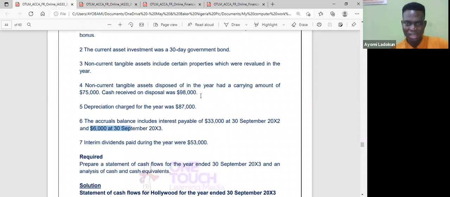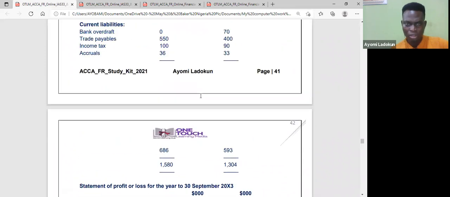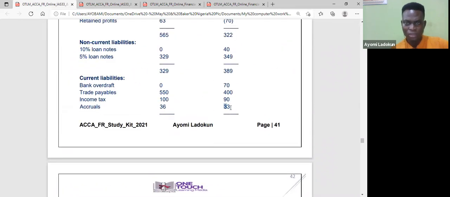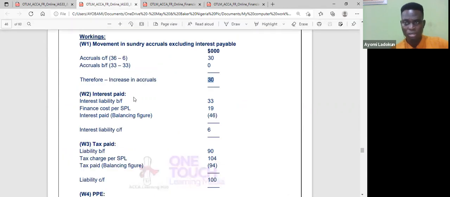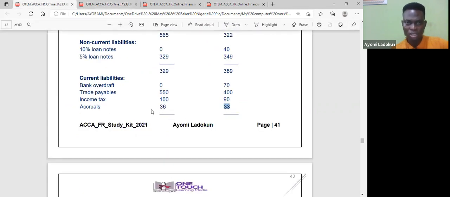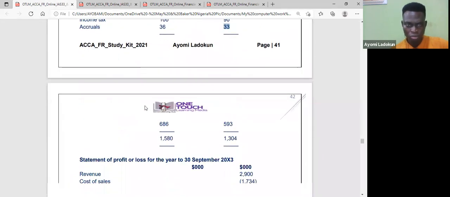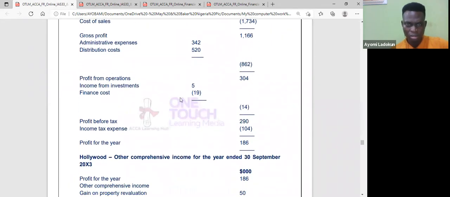But for last year, if you look at the account here, it's just 33. And it didn't tell me what happened this year, so I assume it's still that 33. That's how you have 0 here. Then for my interest paid, the interest liability is 33 from that note. I will now go into my account to check for my finance cost. I have 19 as my finance cost.